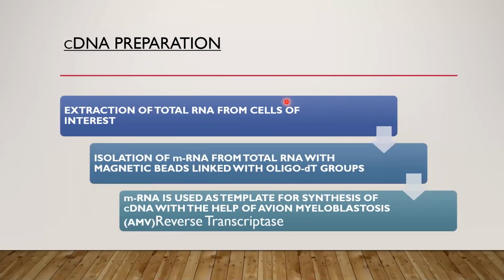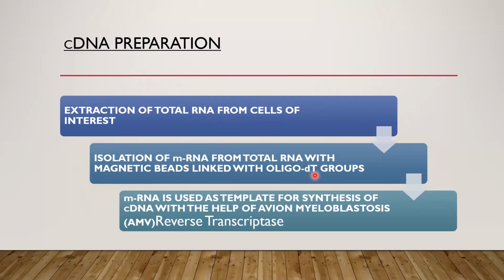Now, when we are going to form complementary DNA library, first we have to extract total RNA from our cells of interest. Total RNA means messenger RNA, ribosomal RNA, and transfer RNA. From total RNA, we have to separate messenger RNA. This can be done by magnetic separation method. We will take paramagnetic beads which have oligo-dT groups.